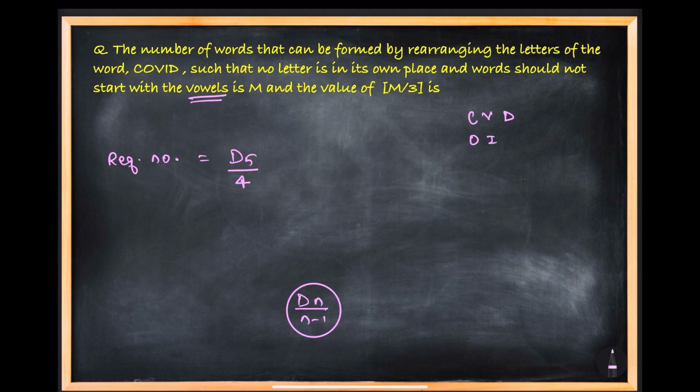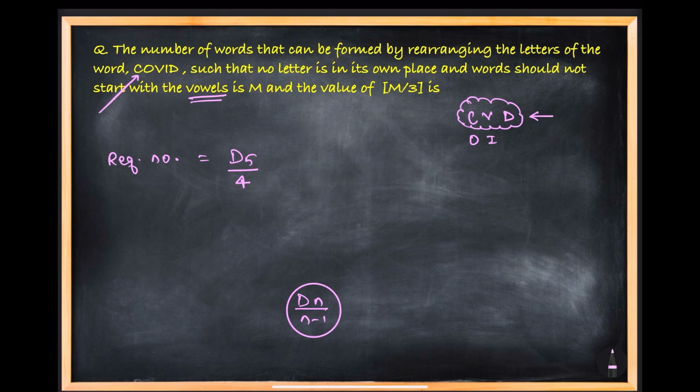Okay, so there are 3 consonants. The word should not start with a vowel. So your word should start with a consonant. So either C, or V, or D.